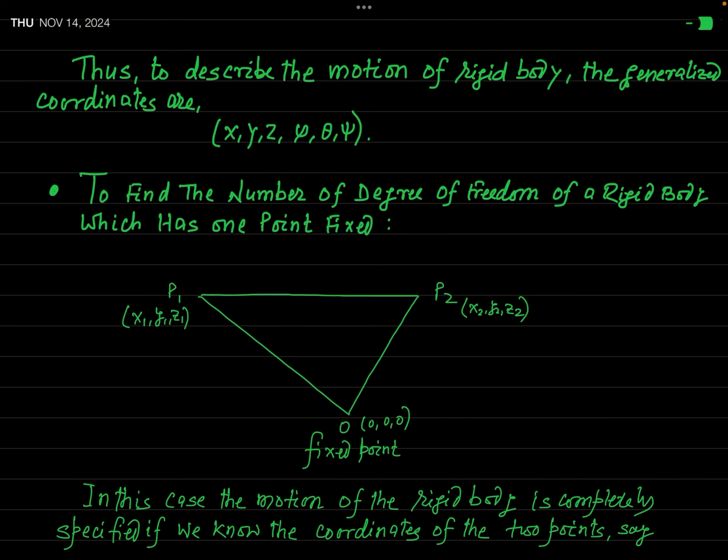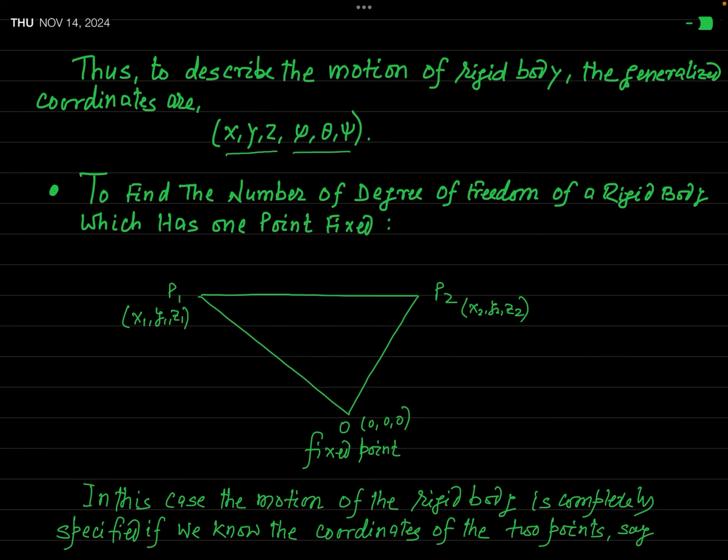Okay. So now you can see that these are the independent variables x, y, z and phi, theta, psi. So till now we have found there are 6 degree of freedom of a rigid body, but when you have found it, you have only imposed the constraint that the distance between any two particles of a rigid body is fixed. If we consider only this constraint, then you can say that a rigid body will have 6 degree of freedom.